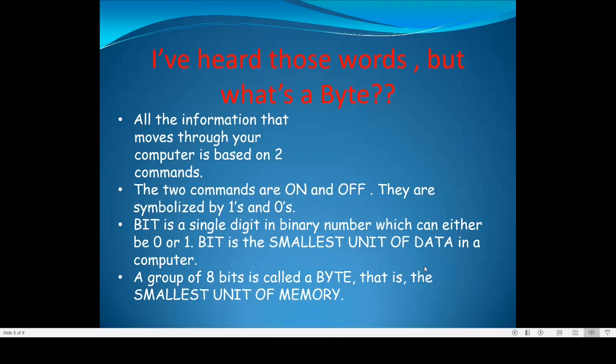Machine language are 0 and 1 bit. So all data will be converted to 0 1 0 1, switch off, switch on, like this. So bit is the smallest unit of data and byte is the smallest unit of memory. 8 bits is called 1 byte.